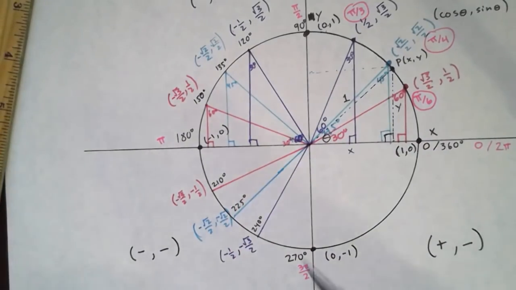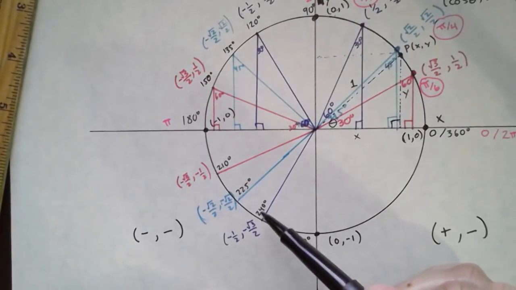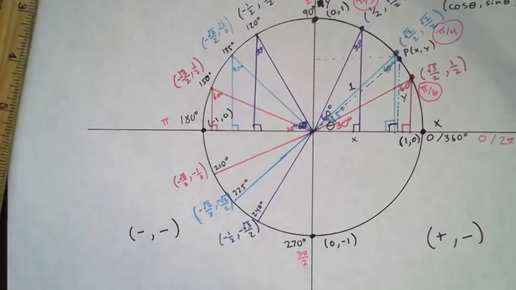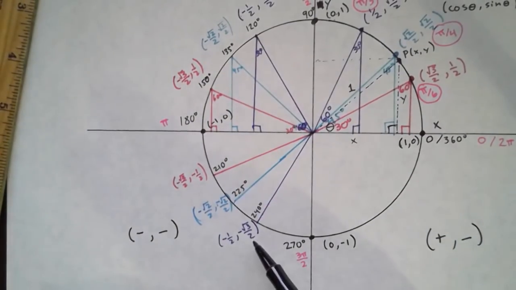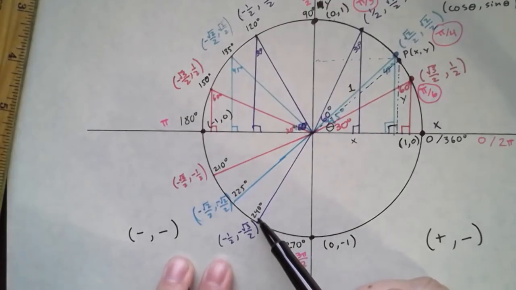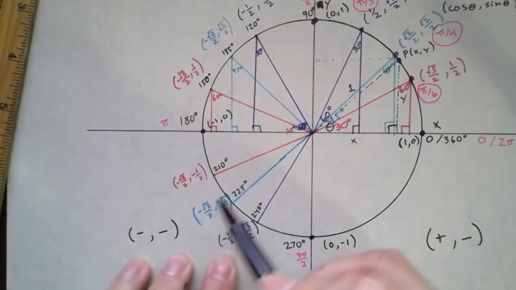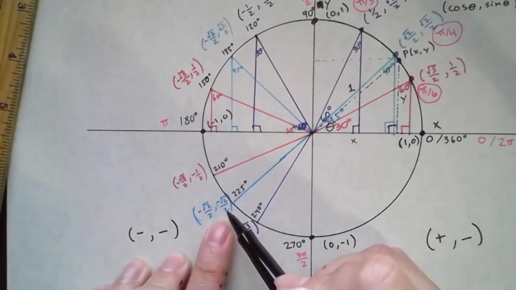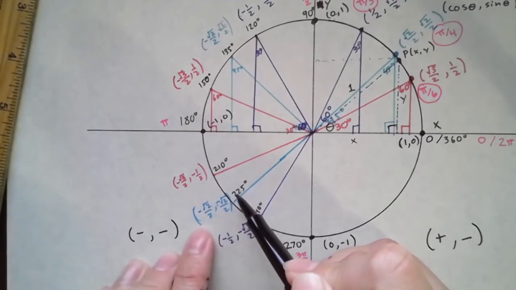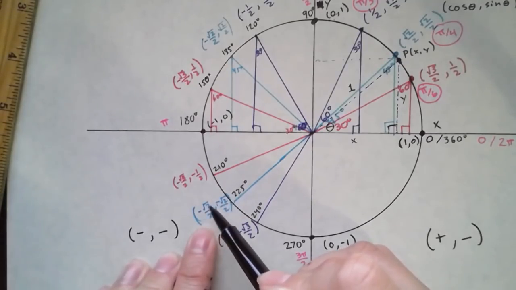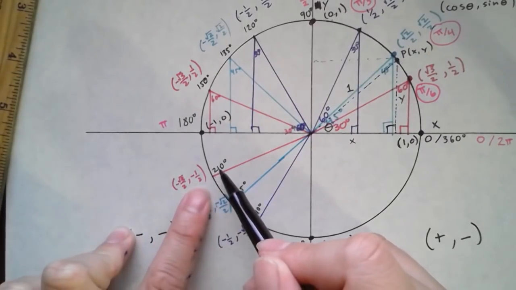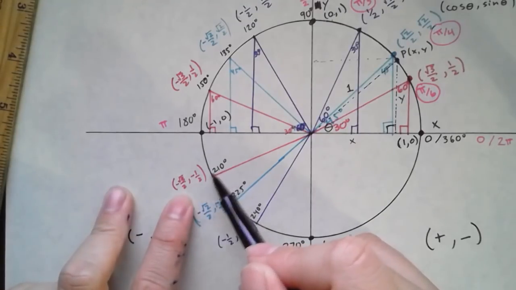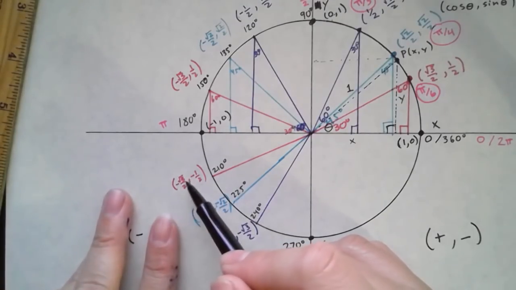So what these mean is the sine of 240 is negative radical 3 over 2. The cosine of 240 is negative 1/2. The sine of 225 is negative radical 2 over 2. The cosine of 225 is negative square root of 2 over 2. The sine of 210 is negative 1/2. The cosine of 210 is negative radical 3 over 2.